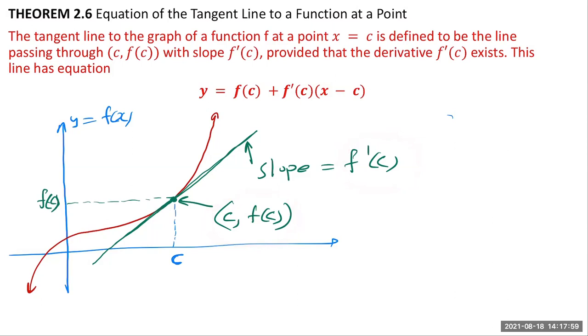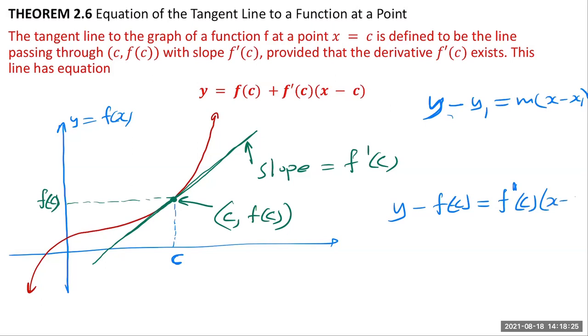Well, I can use the point-slope form of the line to find the equation. y minus y1 equals m times x minus x1. If I use this form, y1 is f of c, and y minus f of c is equal to m times (x minus c), where m is the slope, f prime of c.